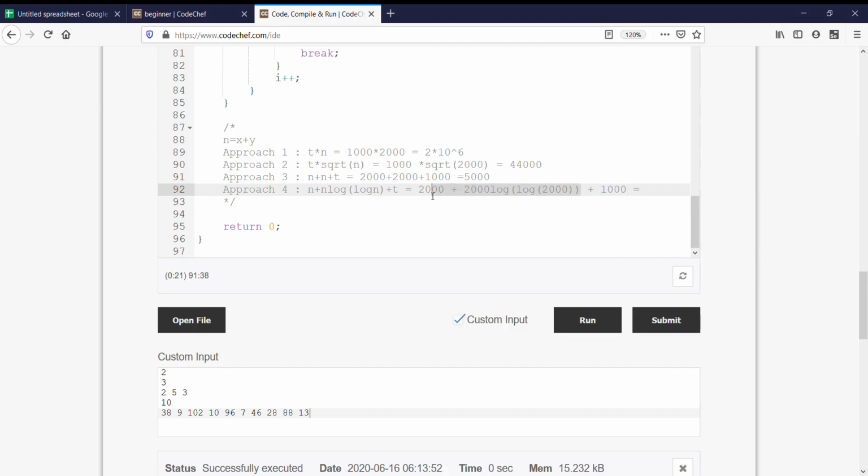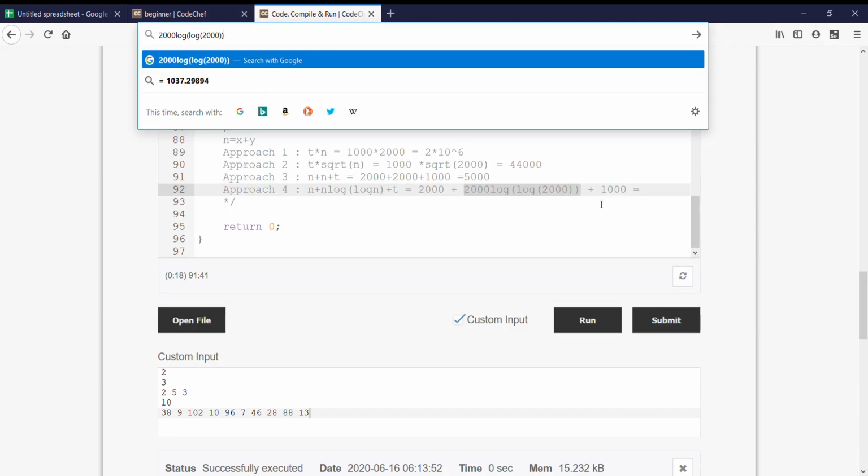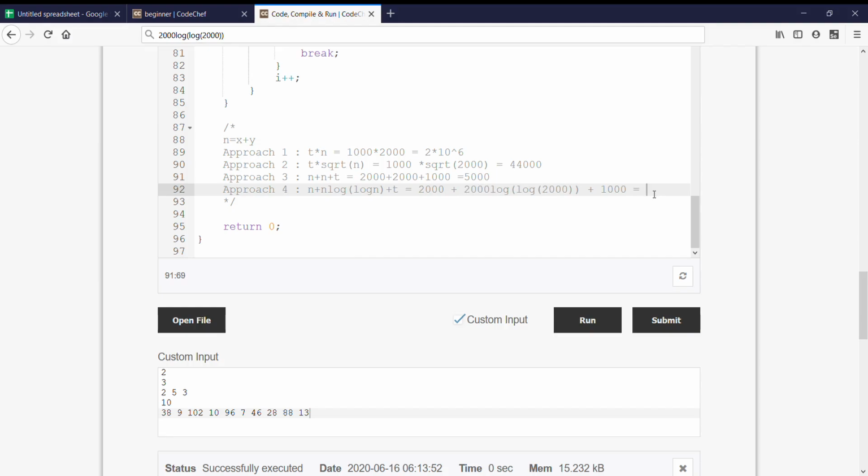If we see, log of 2000 is approximately equal to 1000, let us check. It is 1037, which is approximately 1000. So our complexity reduced to 4000.